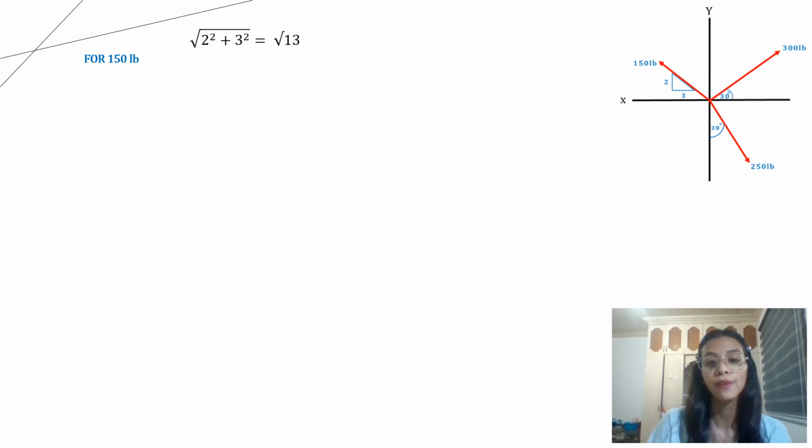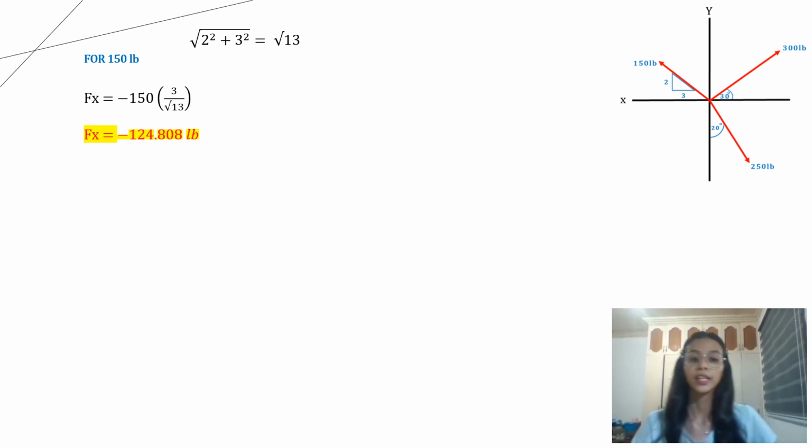So for our Fx, we have negative 150 times 3 over square root of 13. It is negative since it is pointing to the left. And 3 is our x, and square root of 13 is the hypotenuse. So Fx is equals to negative 124.808 pounds.